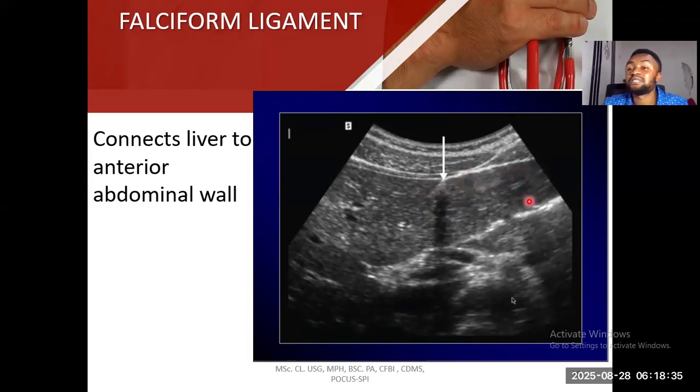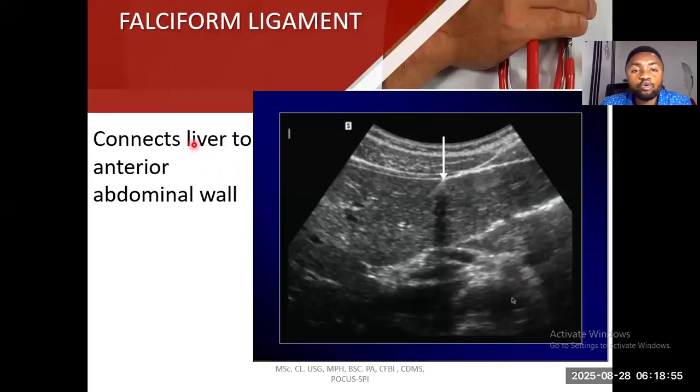The right lobe is big. This left lobe is at the epigastric region. The pancreas is just below it, so you can focus on the pancreas and capture it.